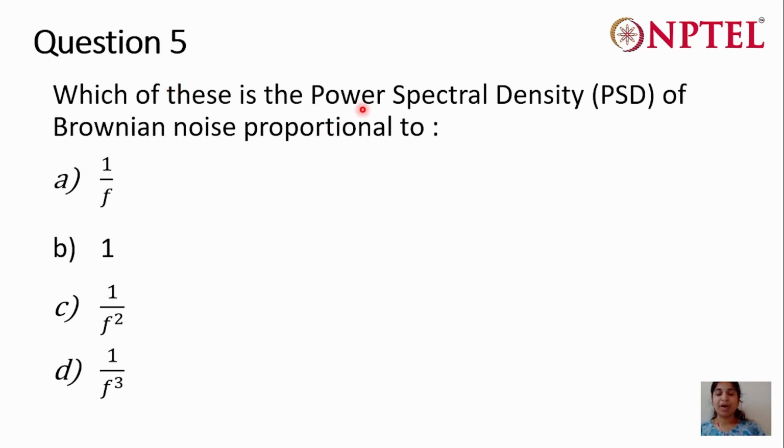Which of these is the power spectral density of Brownian noise proportional to?